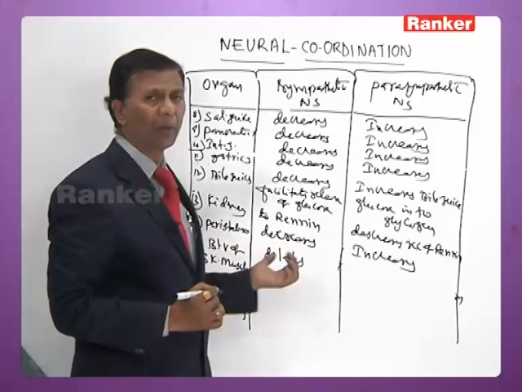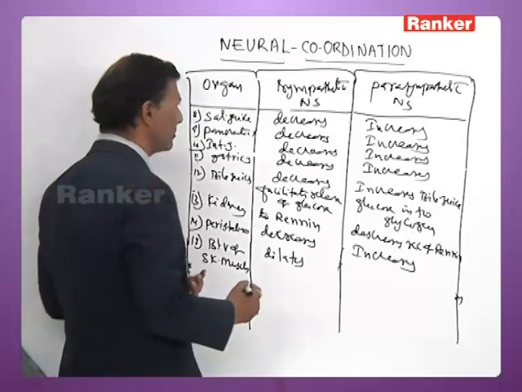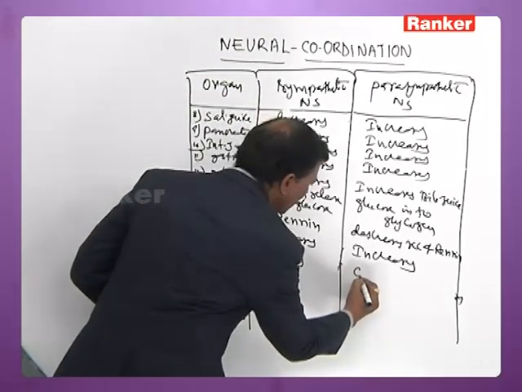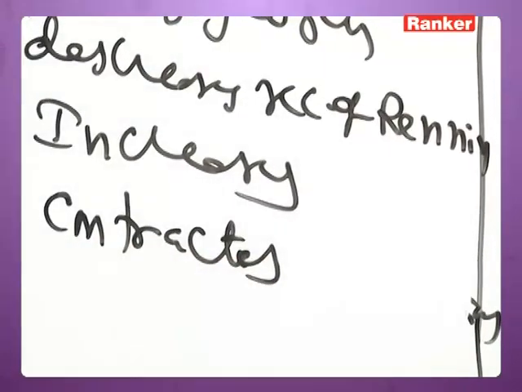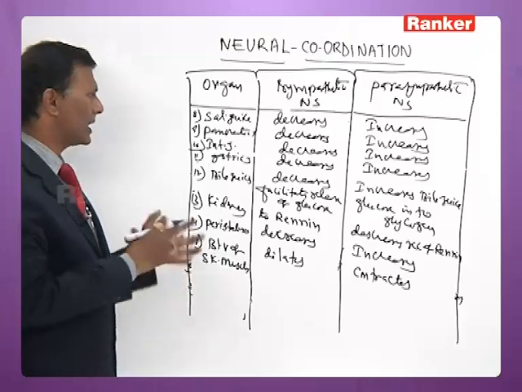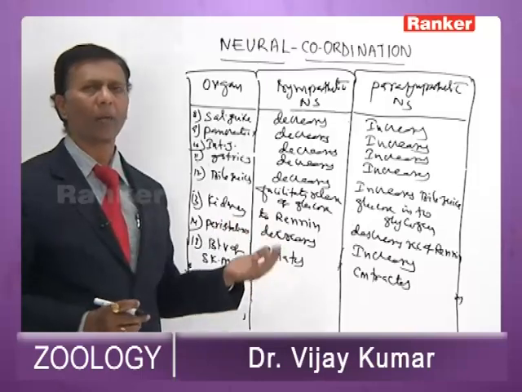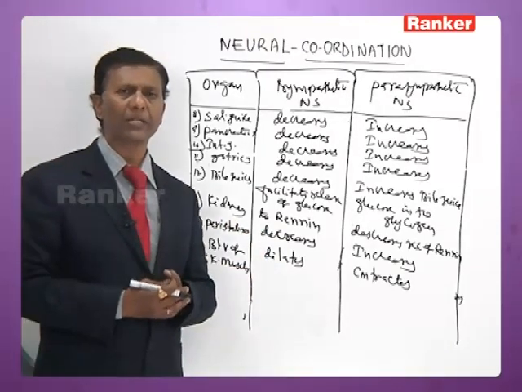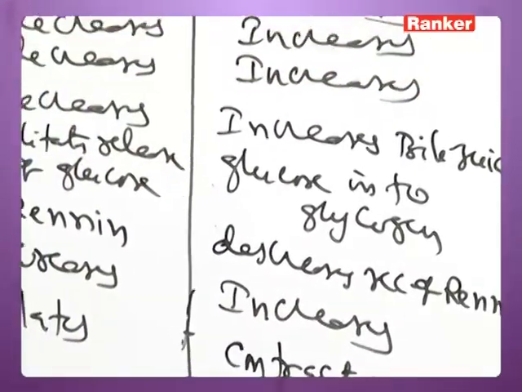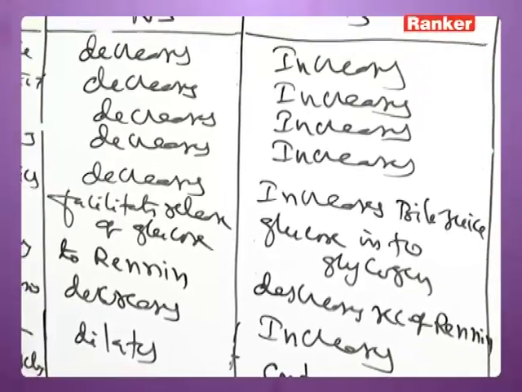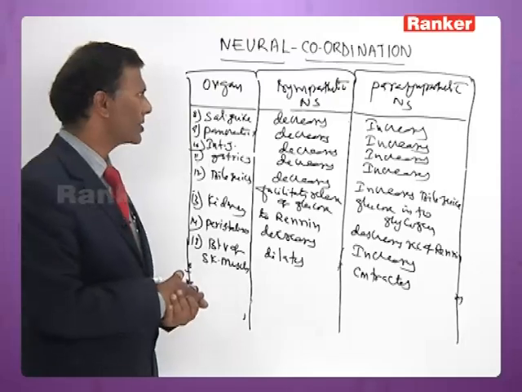Unlike the other blood vessels, with regard to skeletal muscles, all the blood vessels are dilated under the influence of the sympathetic system, and under the influence of the parasympathetic system they are contracted. So these are the most important functions of the sympathetic and parasympathetic systems. Above all, one more important point from the AIIMS, JIPMER and AIPMT point of view: the sympathetic system facilitates expenditure of ATP, whereas the parasympathetic system facilitates conservation of ATP.